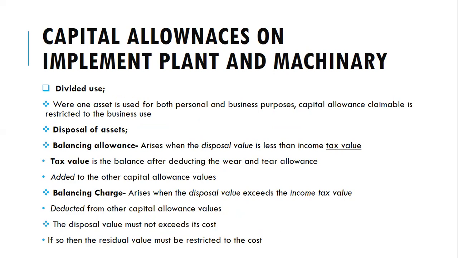But now, if there's divided use, maybe the sole trader uses a delivery van for personal use as well as for business use, the capital allowance that you recover is that which is specifically for business use. So in the exam, you'll be given a percentage of business use and a percentage for personal use.